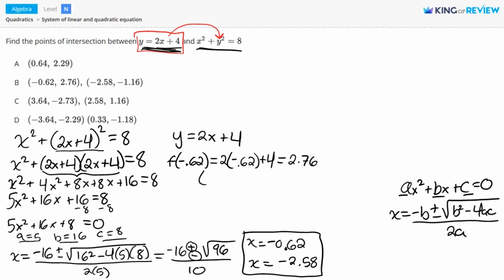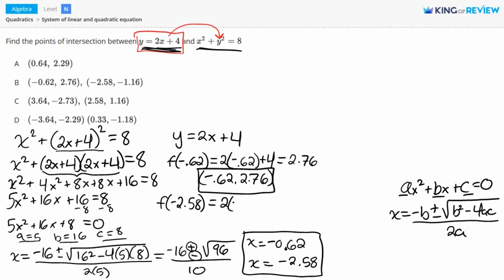So I have a point of intersection at negative 0.62, 2.76. This is my first point of intersection. Now plug in the second x value, f of negative 2.58.